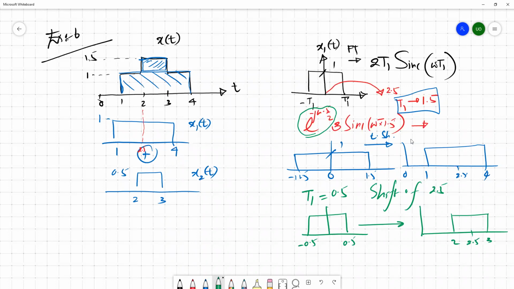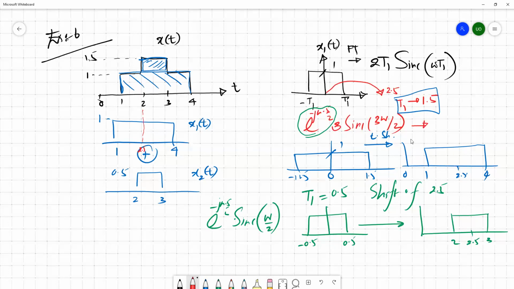For this case, the same shift, e to the power j omega 5/2. Then t1 becomes half. So then you have 1 here, sinc(omega over 2), here 3 omega over 2, here omega over 2.